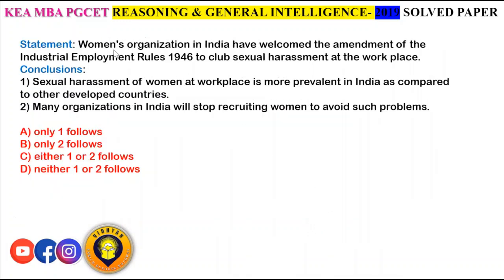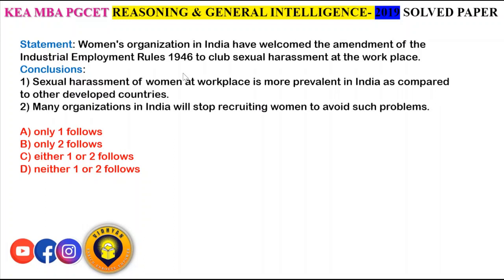Next one. Women's organizations in India have welcomed the amendment of the Industrial Employment Rules 1946 to club sexual harassment at the workplace. So what they are saying is that all the women's organizations in India welcome this new amendment made by the government to club the sexual harassment at the workplace. Okay, so from this, what conclusions can you infer? Just see.